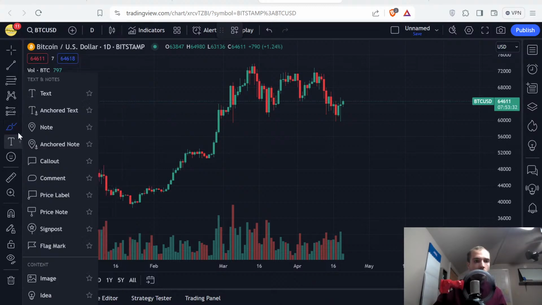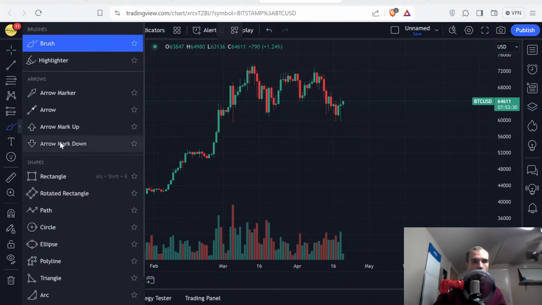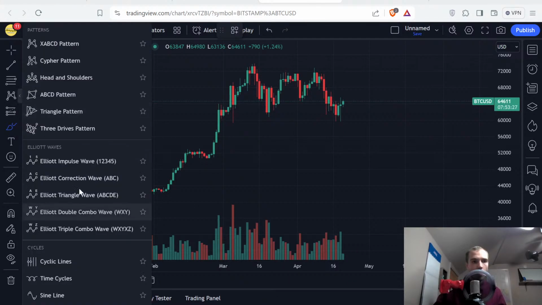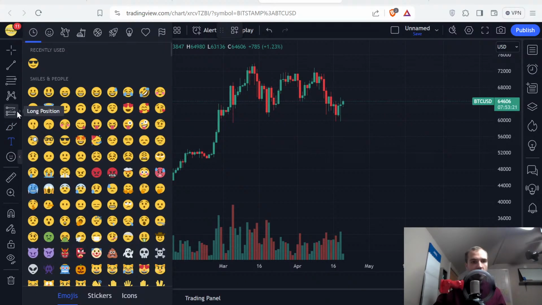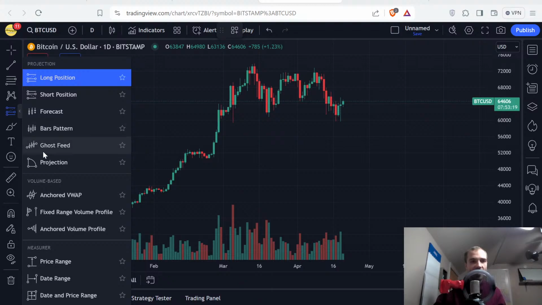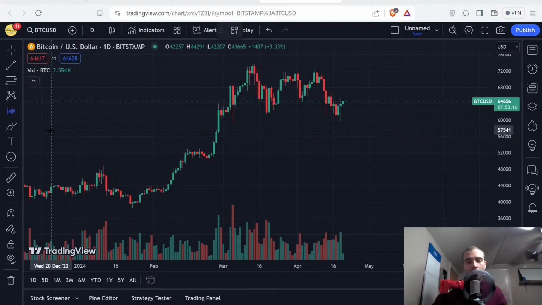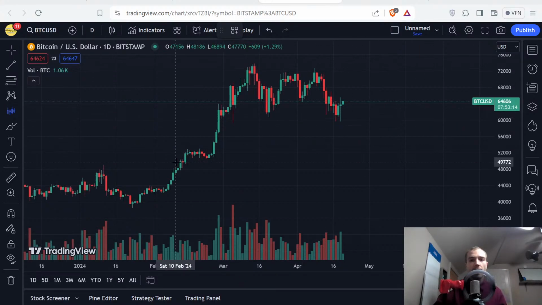And if I can find the tool that I'm looking for here, I'll show you what I mean. Let's see here. Where are you, silly tool? Oh, here it is. So a fractal, like I said, it's a geometry. It's a geometrical pattern that is the same in the small version as the big version, right? So the microcosm is the same as the macrocosm.